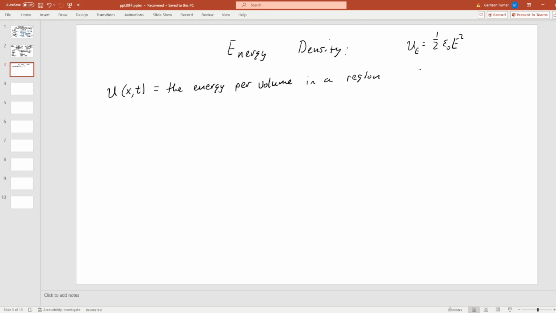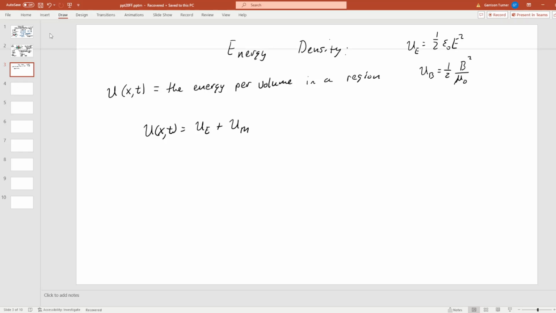And then for magnetic fields, we also found the energy density to be 1/2 B squared over mu naught. Right? So when you have both fields present, your total energy density is the energy density of your electric field plus the energy density of your magnetic field.